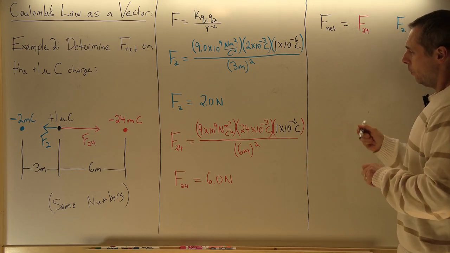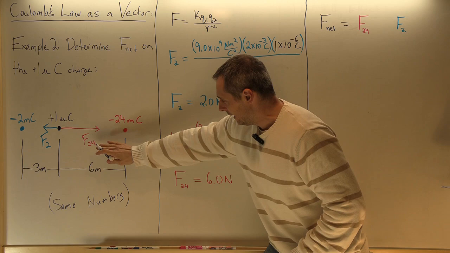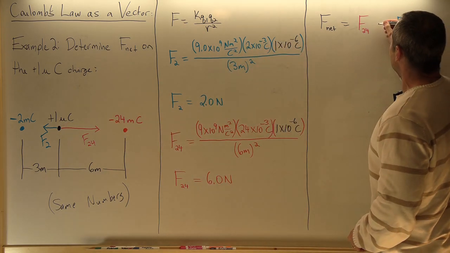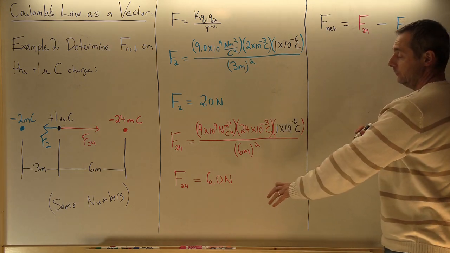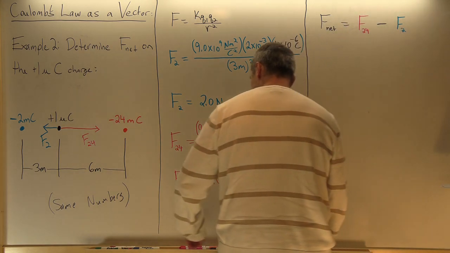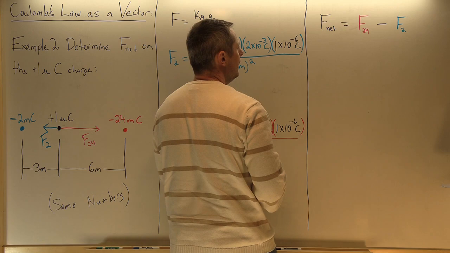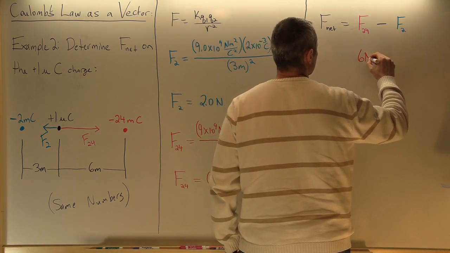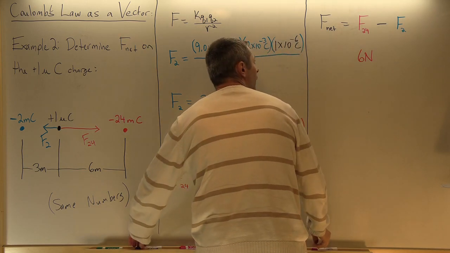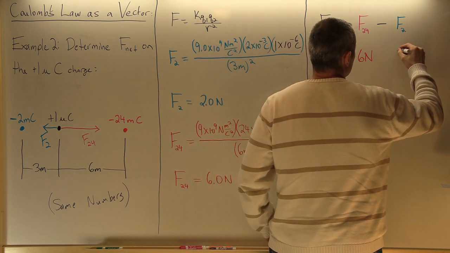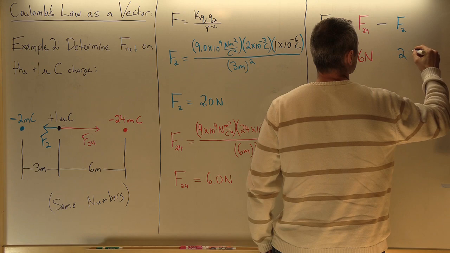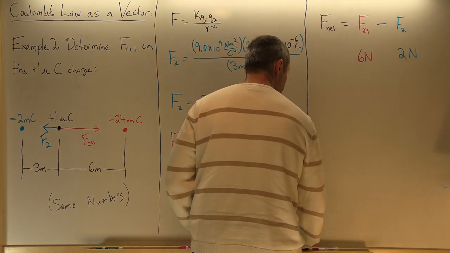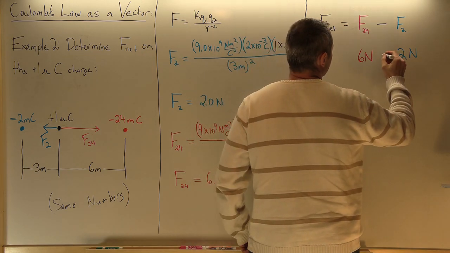So what we can see is since that's to the right and that's to the left, now we don't add these numbers, we subtract these two numbers. So filling in the pieces, we've got our 6 newtons and our 2 newtons. I should have said 6.0 and 2.0, but that's all right.